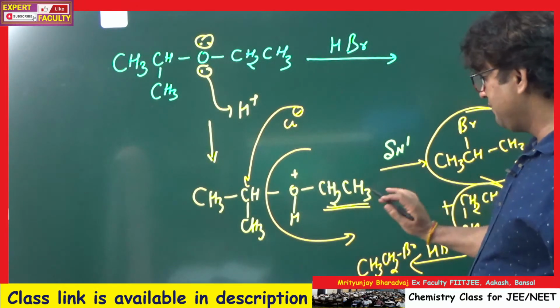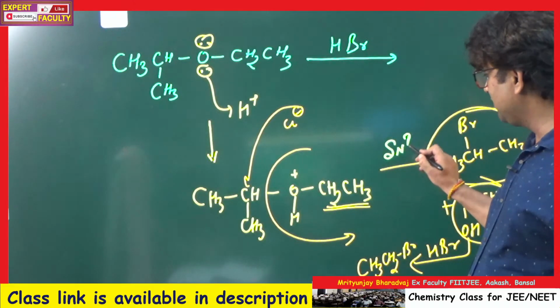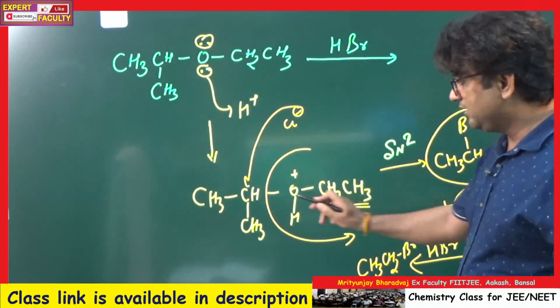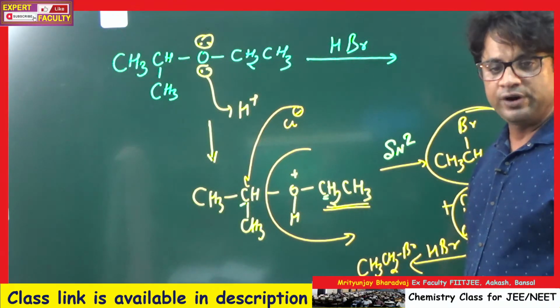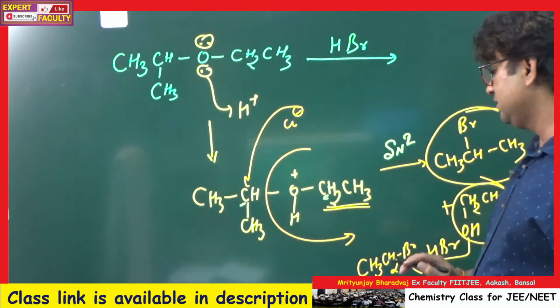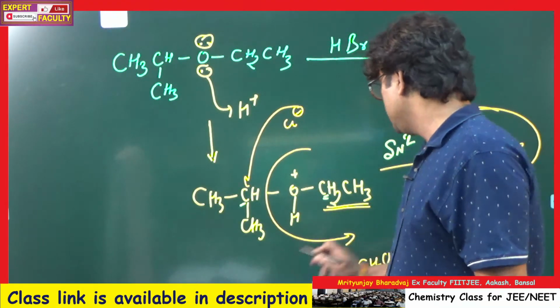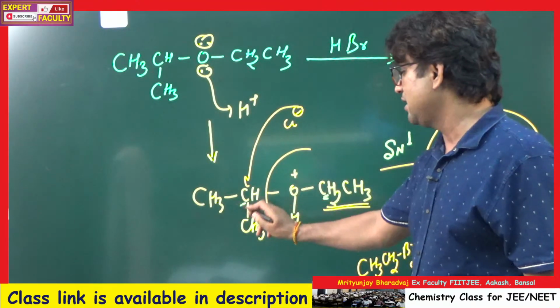If you have any confusion, because I related it with your line that if it is SN2, then this carbon will be less reactive and this carbon will be more reactive. So I took a shortcut in writing the mechanism, but it is not SN2, it is SN1. That's why I am writing nucleophilic attack on this carbon.